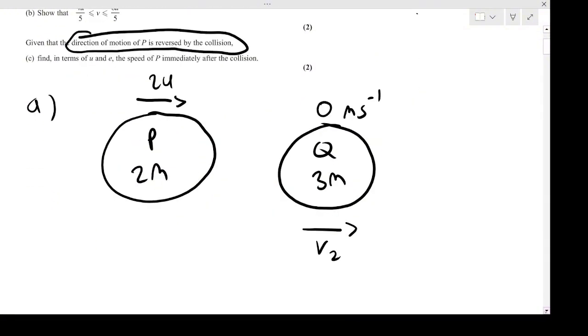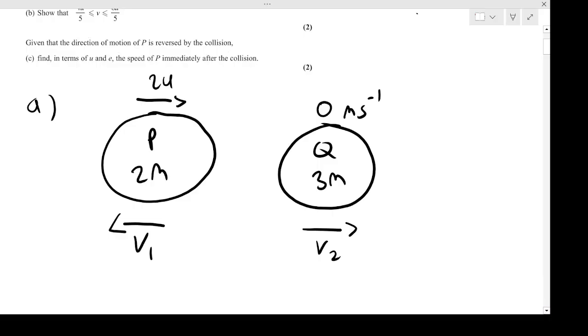So that means the direction of P afterwards is going opposite to where it was before. Before it was going forwards, so the direction now afterwards has to be opposite. So it's going backwards instead. Hopefully happy with that. I'm going to call that V1. Okay, so hopefully happy with all of that.